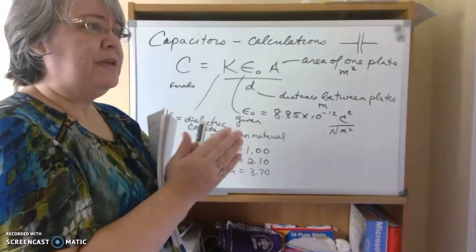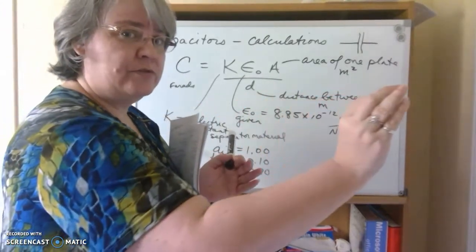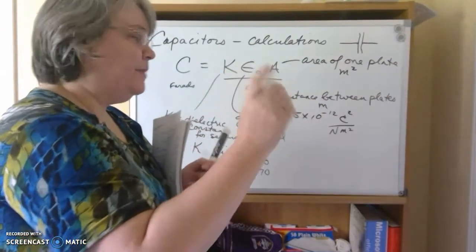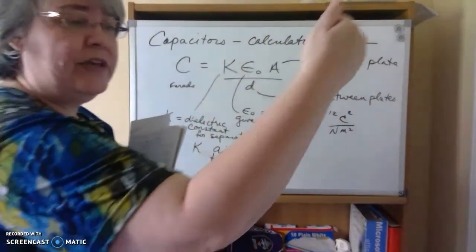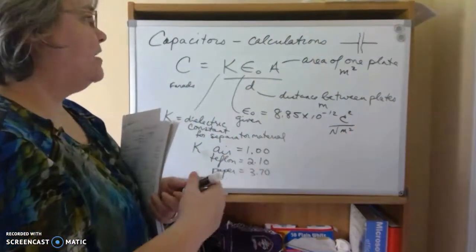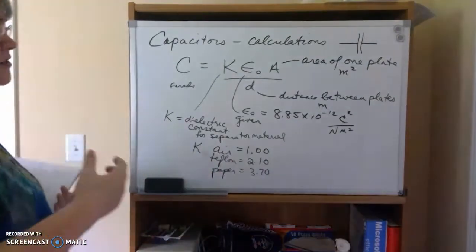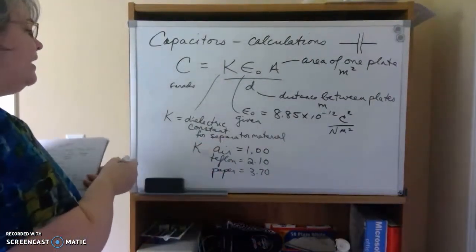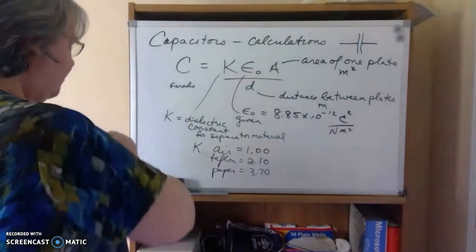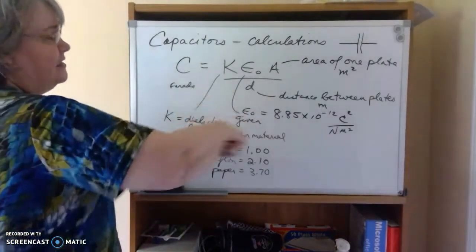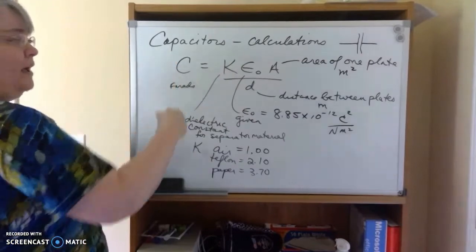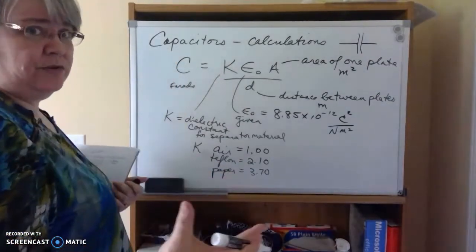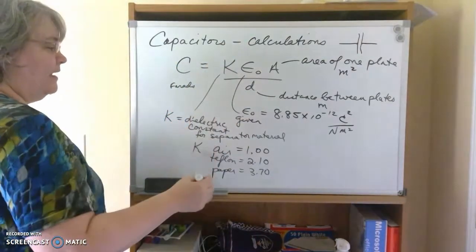Because the closer you can get those two materials, the more charge you can store in a capacitor. So from an engineering perspective, being able to get those plates as close as possible is important. So that's enough information to calculate how much capacitance your capacitor has.